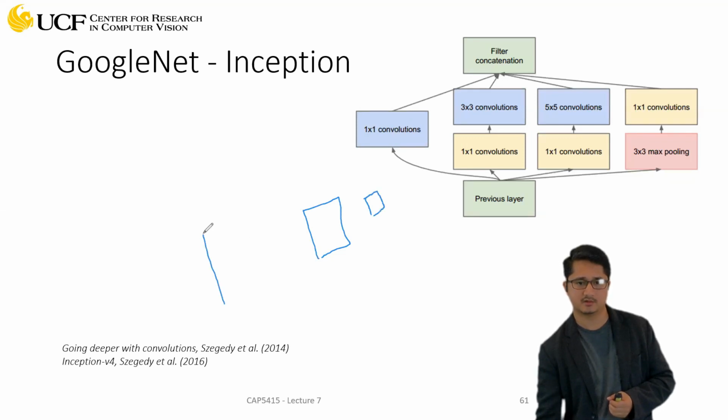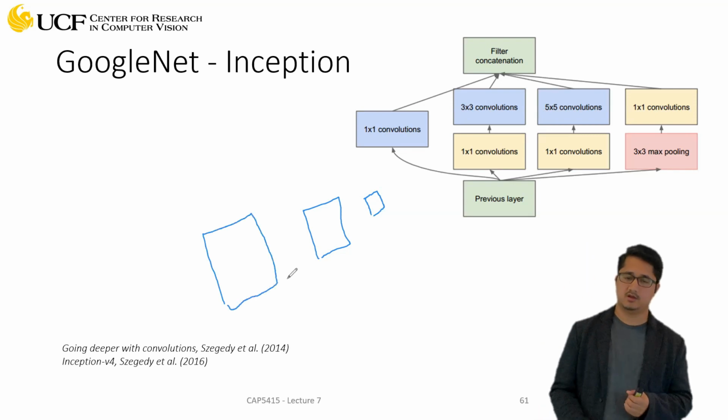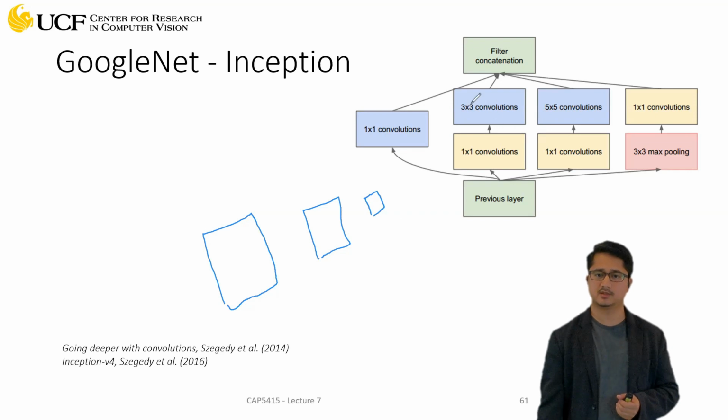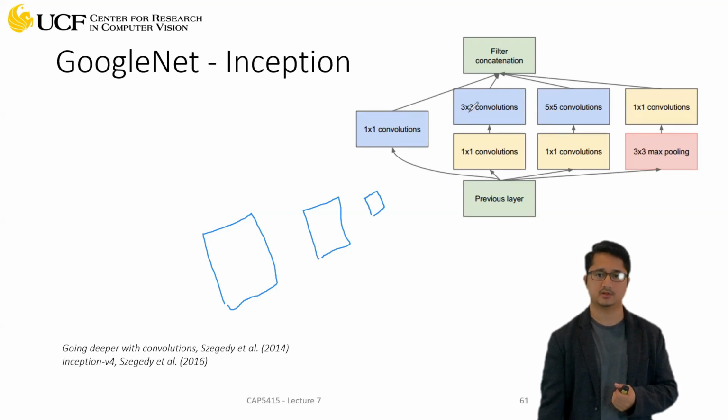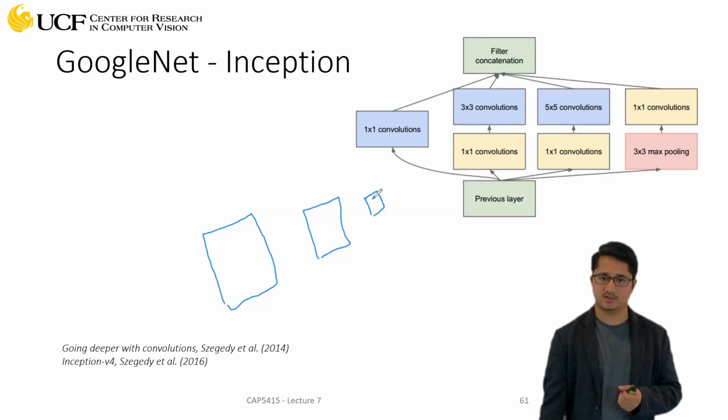Or you might have an image of slightly bigger size, right? Now, what will happen if your kernel size is fixed, let's say 3x3? Its receptive field will be fixed. So if you change the resolution of your input image, then your output will change because the receptive field remains fixed, right? It's just looking at a 3x3 window. So that's the motivation. We want it to be scale invariant.